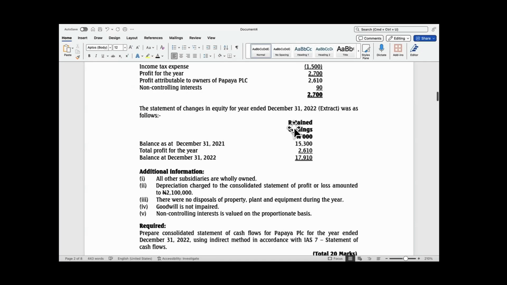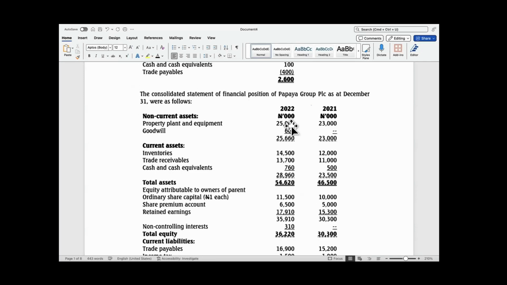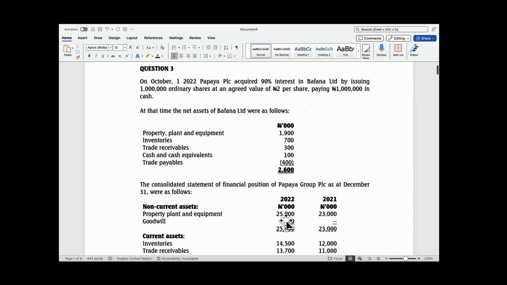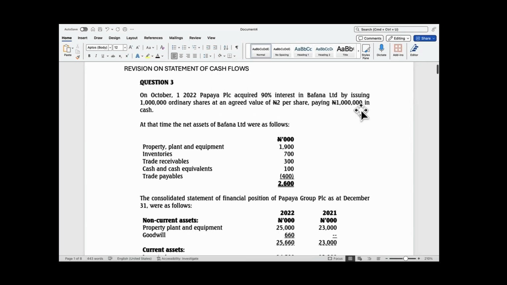Okay, so I go to my goodwill. Now, this goodwill, you cannot pick it directly because it's non-cash in itself. But when you look at its components, there are two cash items in its determination. Number one is the 1 million that we paid, which is an outflow.